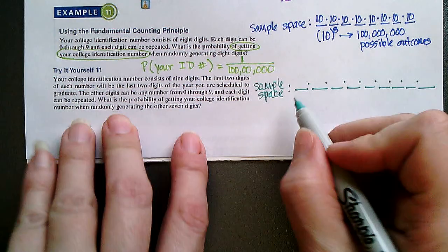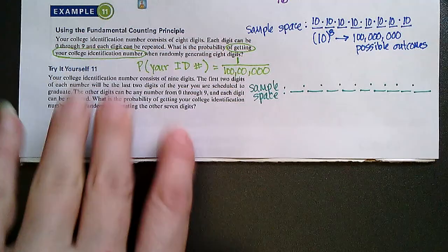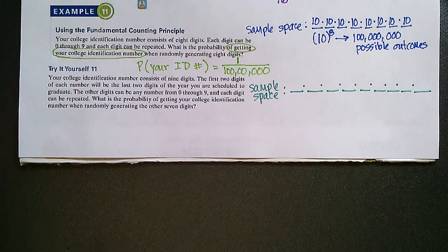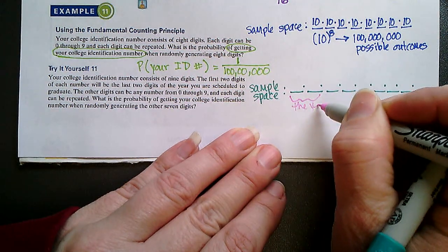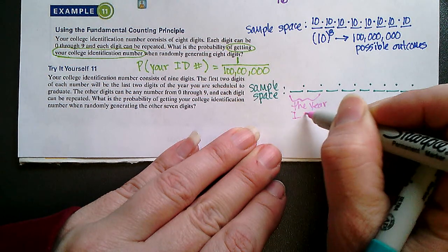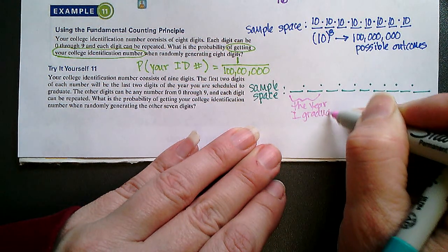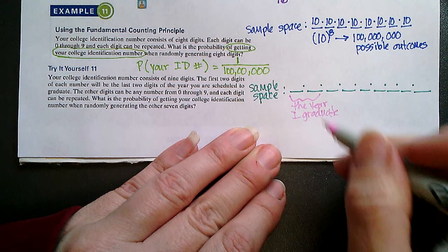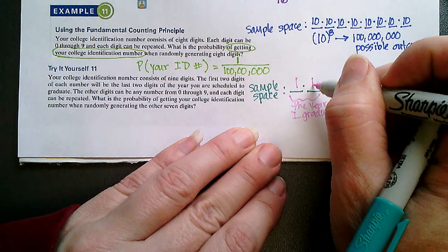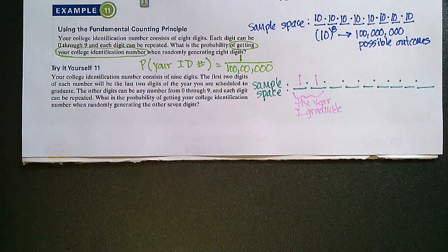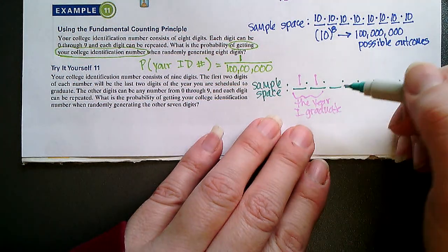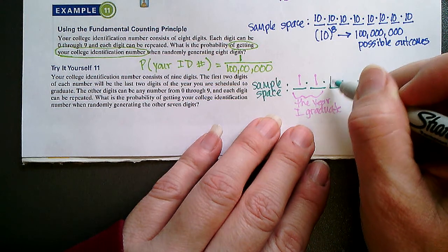Okay, the first 2 digits are going to be the year I graduate. Well, I'm going to assume I know the year I graduate. So since I know the year that I'm going to graduate, there's only one choice for each of those digits. Then all the other places have the digits 0 through 9, and they can repeat.